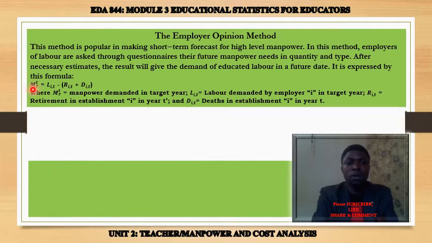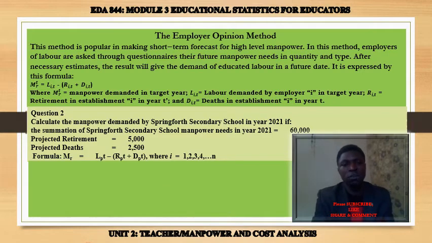We have the M, which means the manpower demanded in target year. We have L here, which means labor demanded by employer i in target year, and we have R, which is the retirement in establishment, and D, which means death in establishment. Now let's take a look at the question again.